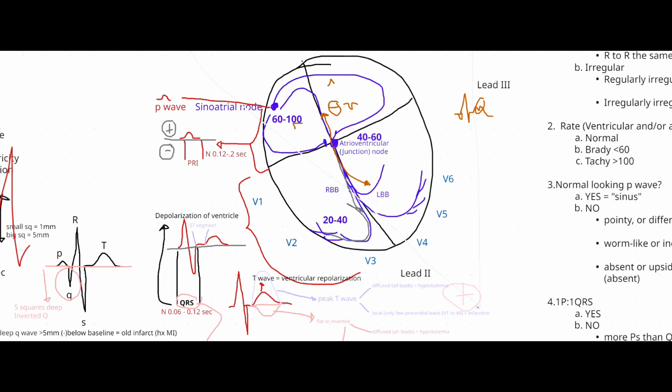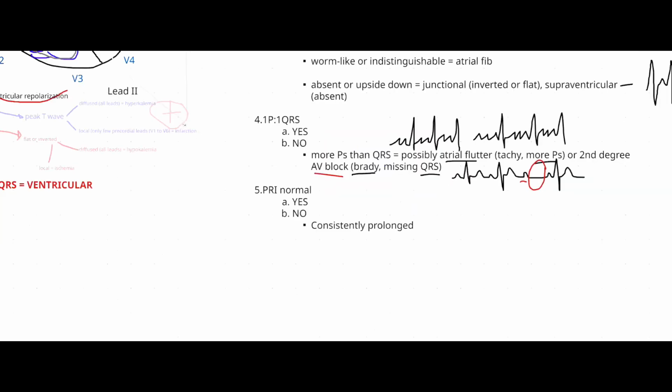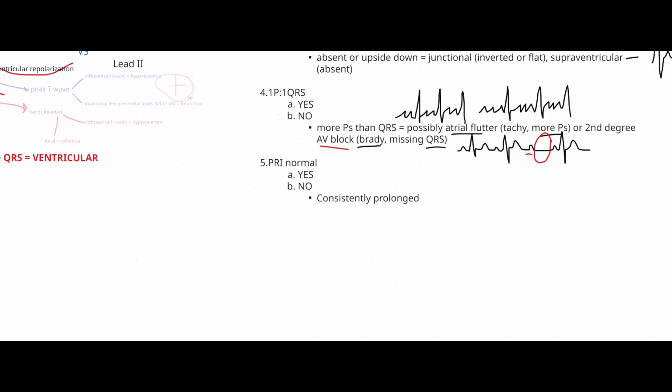So what are the different types? We're going to focus on the prolonged ones, because that's commonly what you guys are asked. So you ask yourself, is it consistently prolonged? Meaning they're all just prolonged, but they're all the same distance, all the same PR interval measurement, but they're all long.